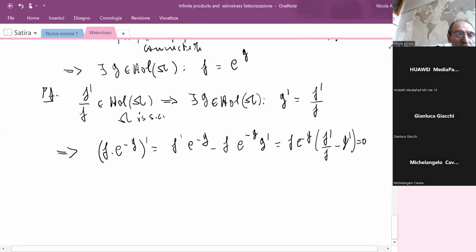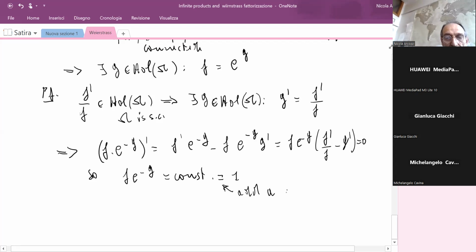So it's constant. So e to the minus g times f is constant, and I adjust the things, and the constant is equal to 1.